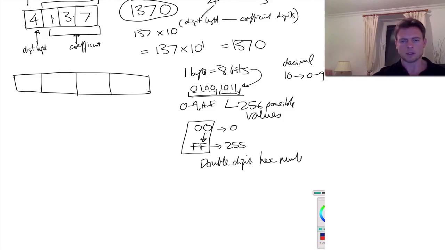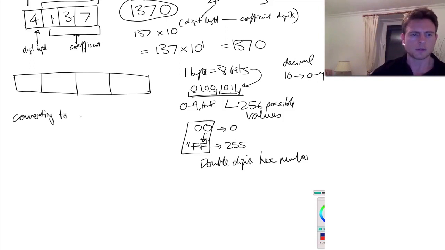The key is to think of FF as one cohesive symbol representing the decimal number 255. So effectively, we're converting to base 256.